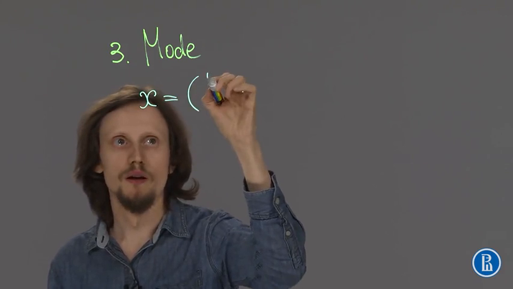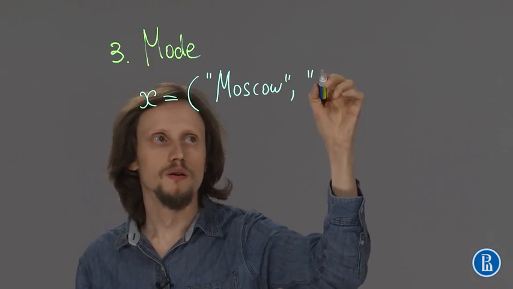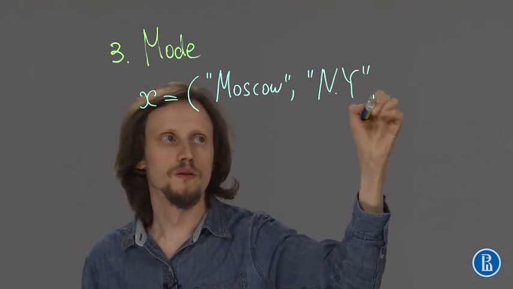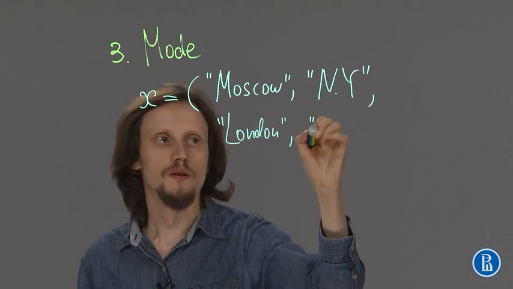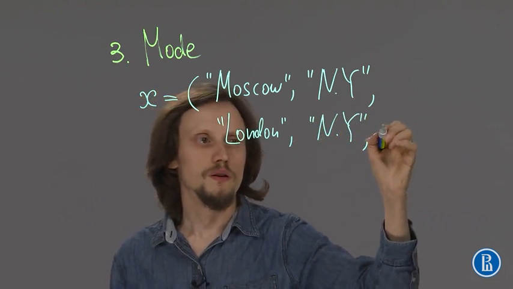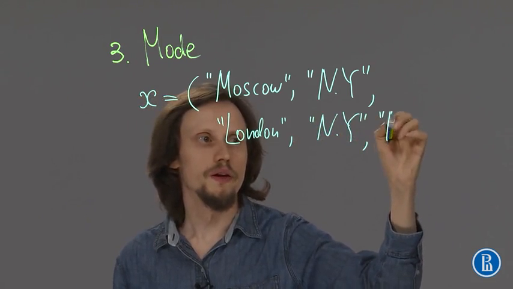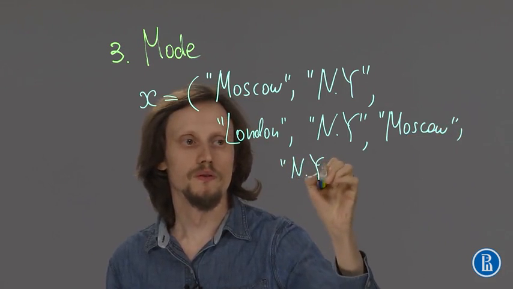For example, if we have some data set that corresponds to a variable like hometown, and then our x is something like Moscow, New York, London, again New York, again Moscow, and again New York.